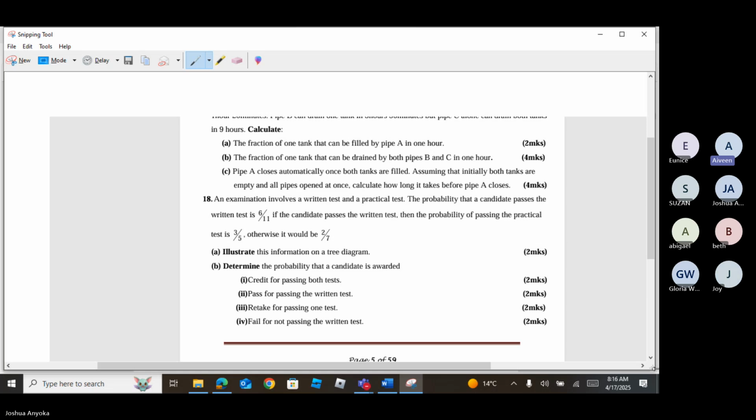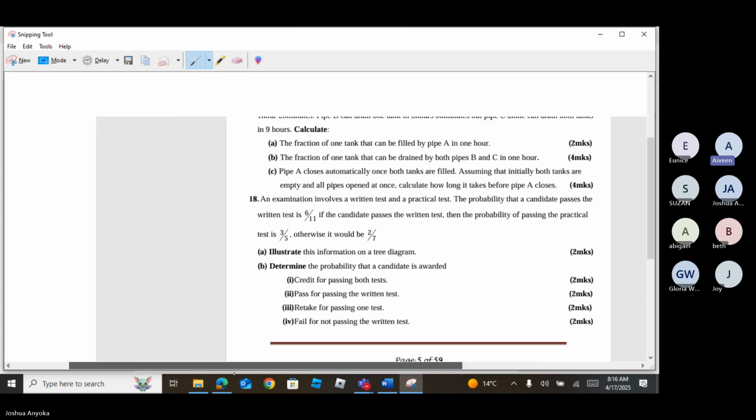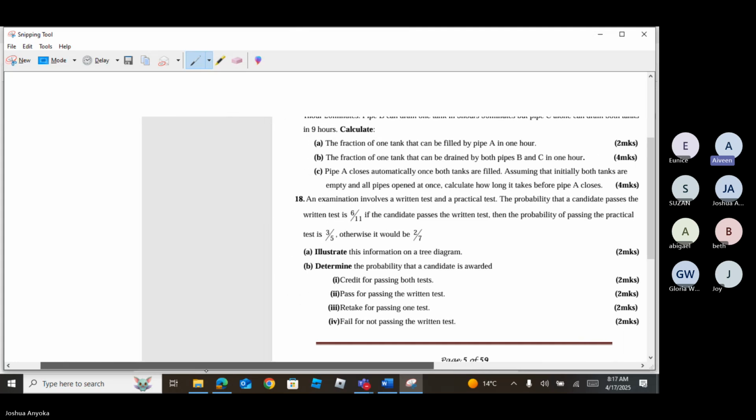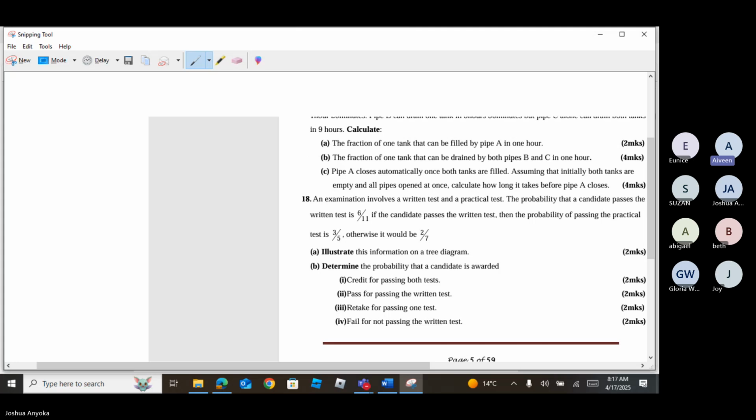If the candidate passes, the probability of passing the practical test is 3 over 5. Otherwise, it will be 2 over 7. Illustrate this information on a tree diagram. Determine the probability that a candidate is awarded credit for passing both tests, pass for passing the written test, retake for passing one test, fail for not passing the written test.